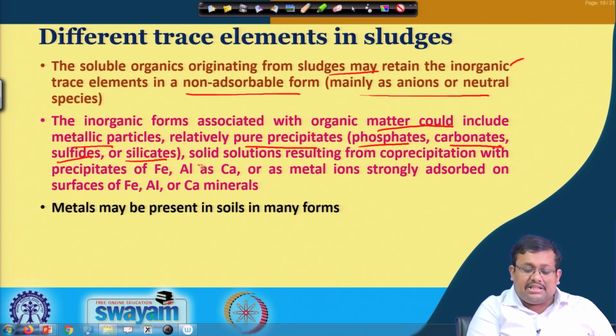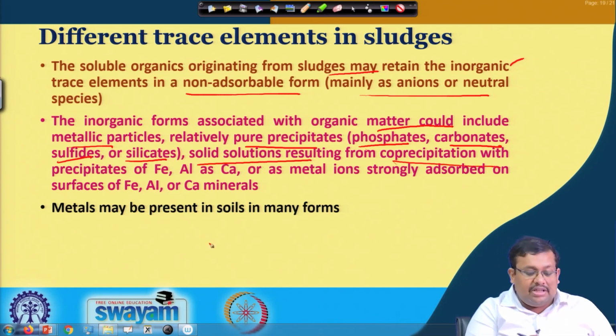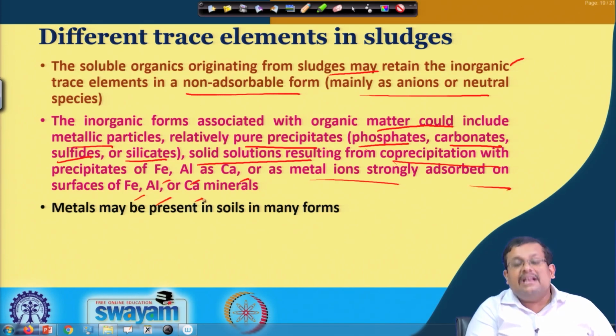Also, this sludge contains solid solutions resulting from co-precipitation with precipitates of iron, aluminum and calcium, or as metal ions strongly adsorbed on the surfaces of iron, aluminum and calcium minerals.